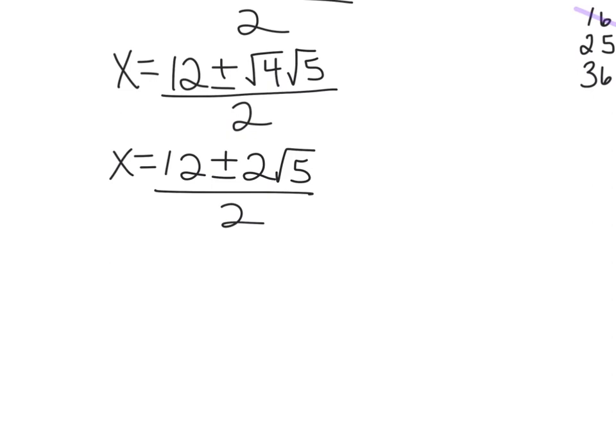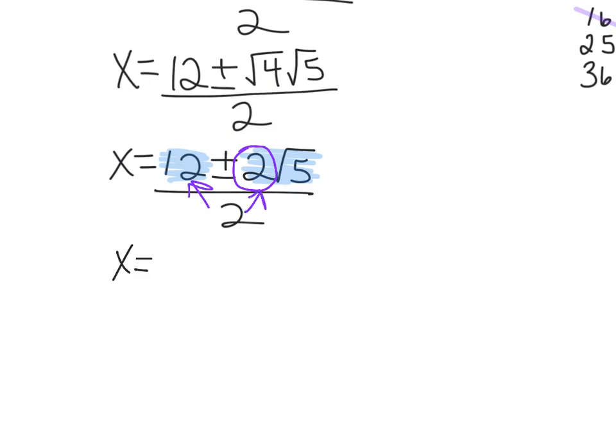So now I'm going to divide this 2 into both terms. So this is a term and this whole thing is a term, but the 2 cannot go into the radical. It's only going to go into the 2. So basically I'm dividing the 2 into the 12 and the 2.